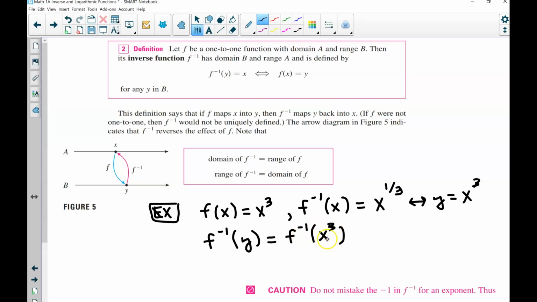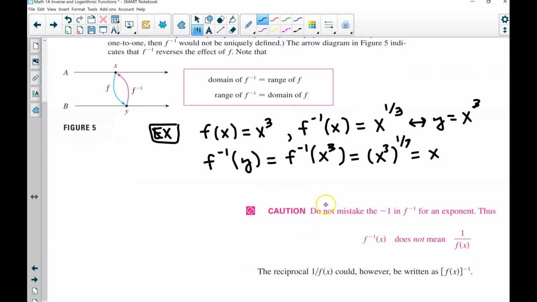So now we're using the idea of composition. So now we're going to substitute the x up here to be x cubed, and that's going to be raised to the 1/3 power. And so ultimately, when we raise x cubed to the 1/3, well, 3 over 3 becomes 1, and so you're left with the value of x. So that determines that they are inverses of each other.